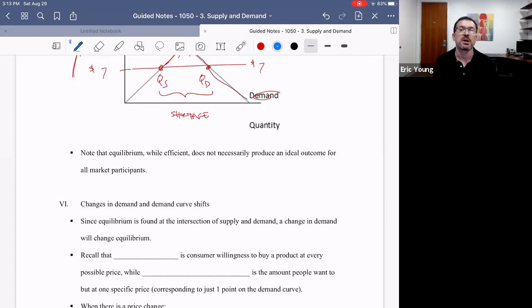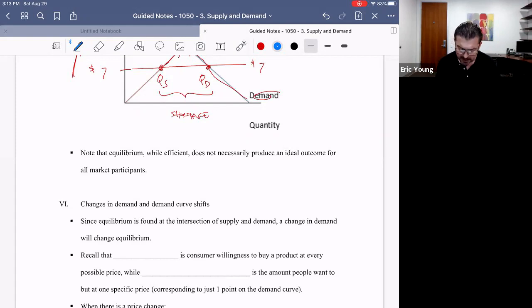And that's the beauty of a market economy. I'm not going to go so far right now as to say that it's self-regulating, but there are mechanisms built into place that keep the market economy more efficient than other forms of economic organization.